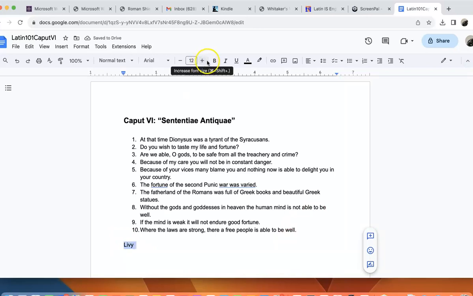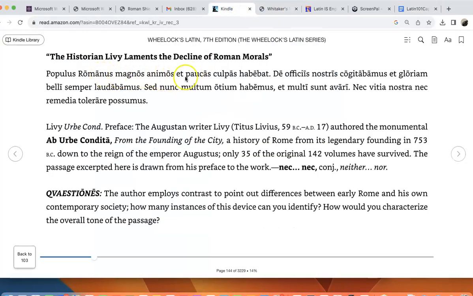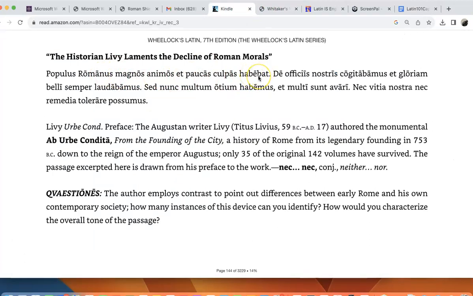And walk through that one a little bit more carefully. Okay. So we have the Roman people. Habebat is the imperfect, so had, literally were having. So the Roman people had great spirit and few faults.